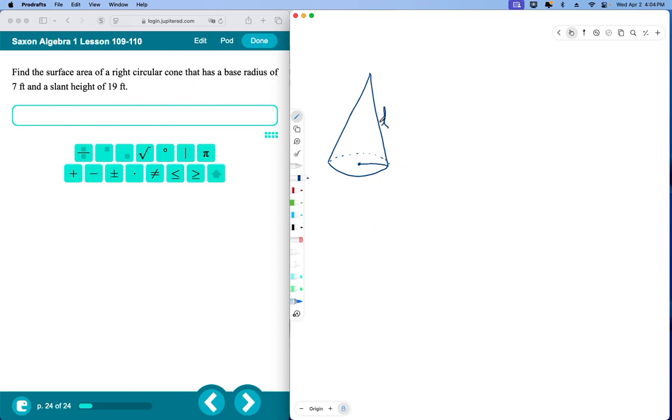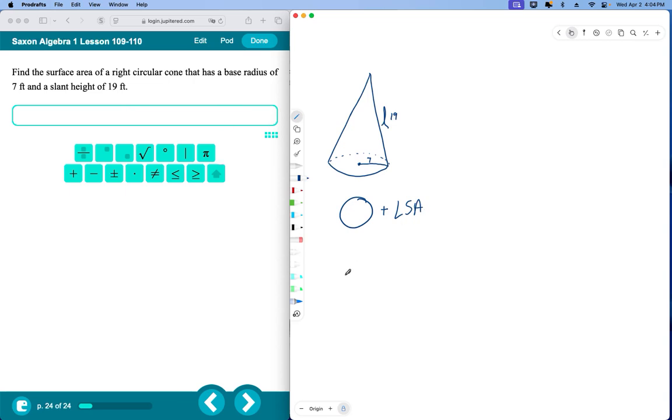Sorry, not the height, but the slant height of the cone. So it has a radius of 7, a slant height of 19. So we need to find the area of the base, so the circle on the bottom, plus the lateral surface area. And that's the area around here, around the sides of the cone.